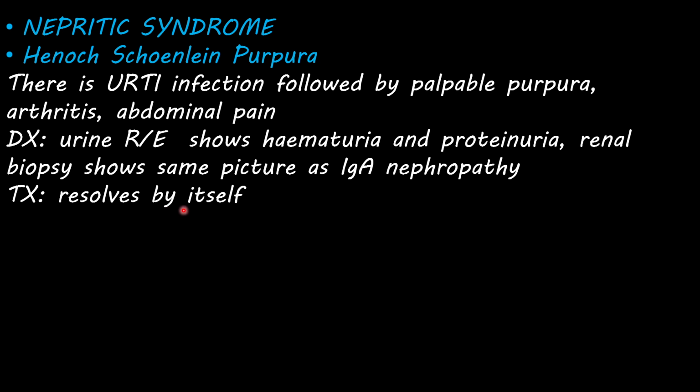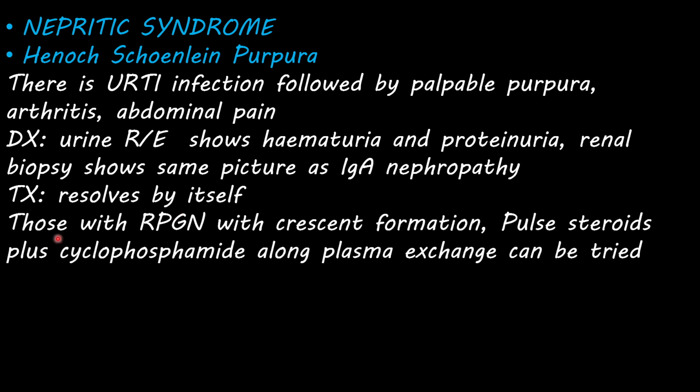It usually resolves by itself, and in those who develop rapidly progressive glomerulonephritis, pulse steroids and cyclophosphamide along with plasma exchange to remove the IgA antibodies can be tried. The difference between Henoch-Schönlein purpura and IgA nephropathy is that in Henoch-Schönlein purpura there will be palpable purpura on the skin, arthritis, and abdominal pain.